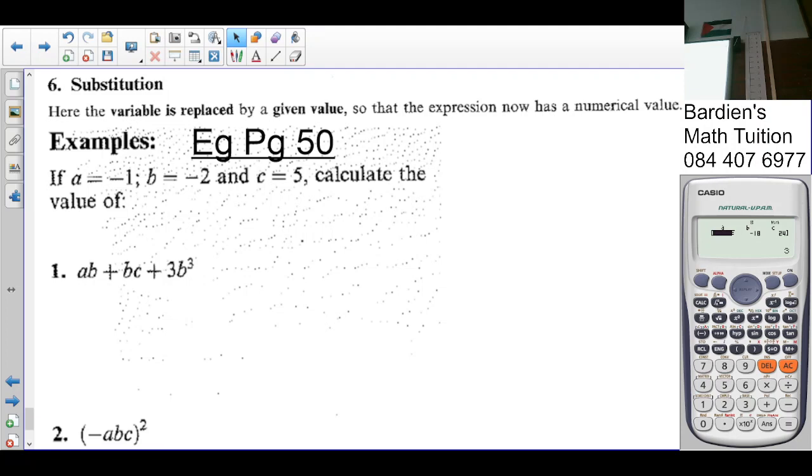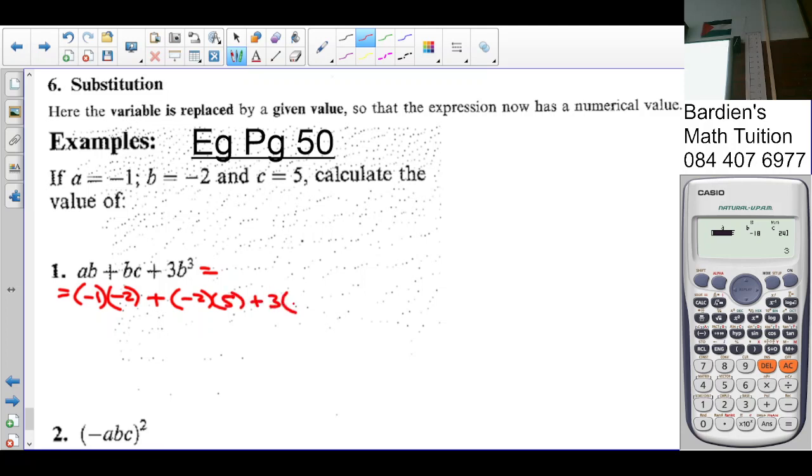So by doing that, we're going to have a, which is -1, times b, which is -2, plus -2 times c, which is 5, plus 3 times b, which is (-2) cubed. You all agree with that? Any confusion there?